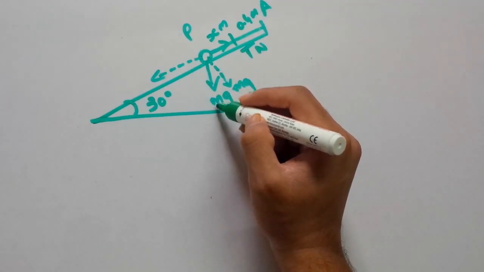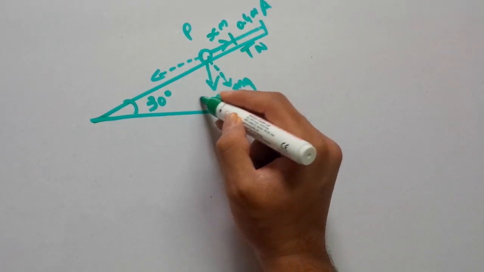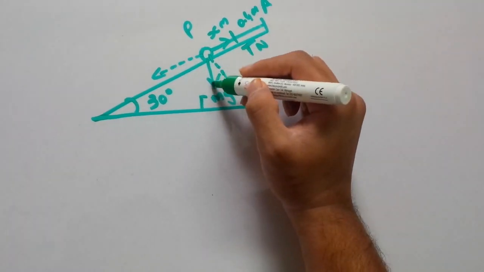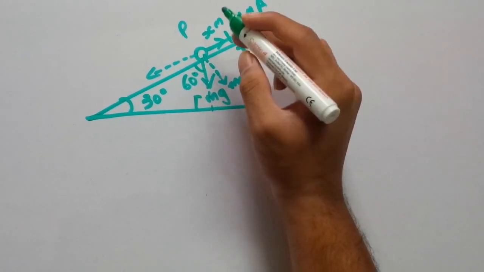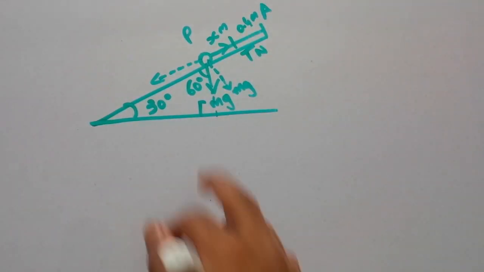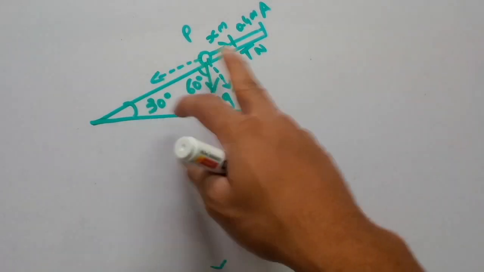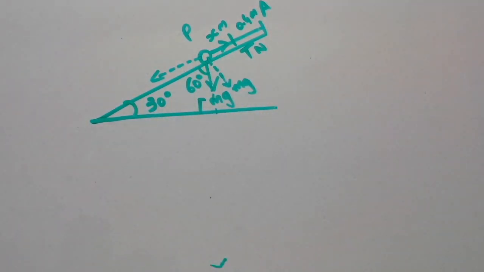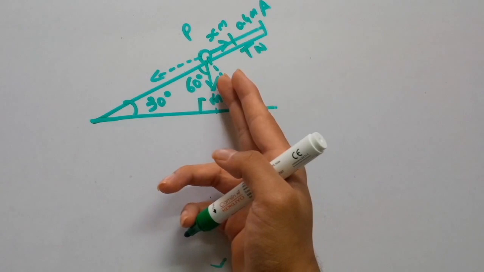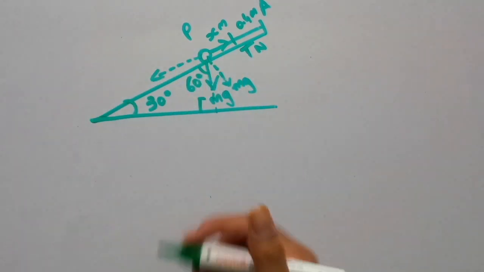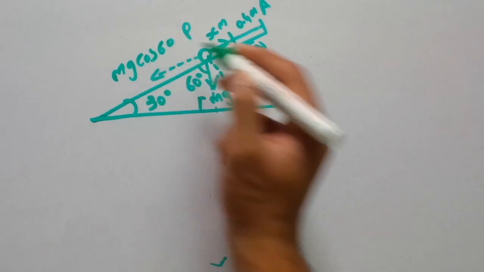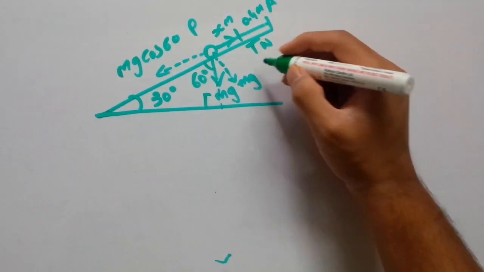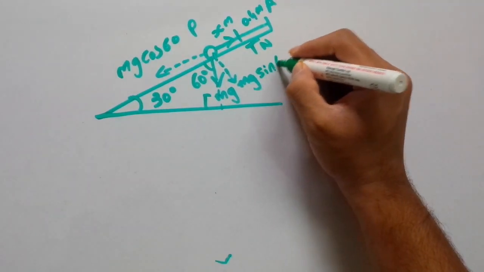If you project it downwards, you get a 90 degrees angle, and this is going to be 60, because 90 plus 30, 180 minus that is 60. Resolving this force in the horizontal direction, we get mg cos 60, and in the vertical direction we get mg sin 60.